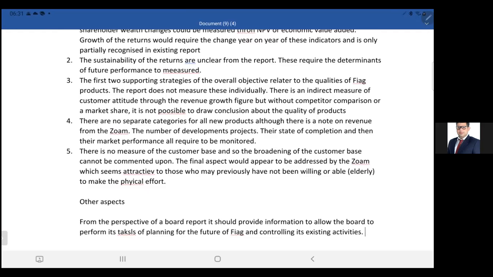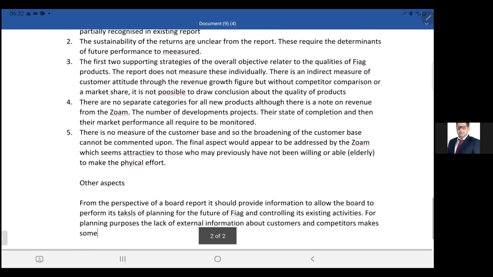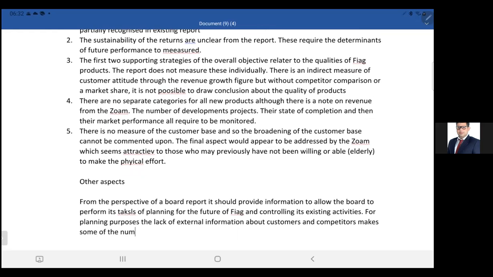For example, for planning purposes, the lack of external information about customers and competitors makes some of the numbers difficult to interpret.